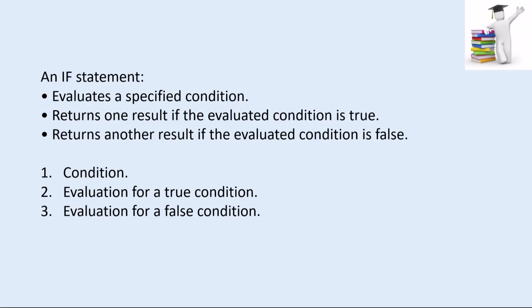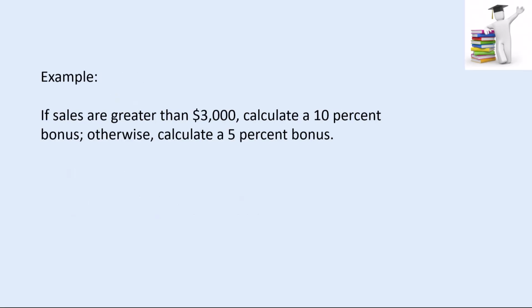Let's take a look at the three elements in theory. Our example here is of a business situation. It reads, if sales are greater than $3,000, calculate a 10% bonus. Otherwise, calculate a 5% bonus. What's happening here? Where are our three elements?